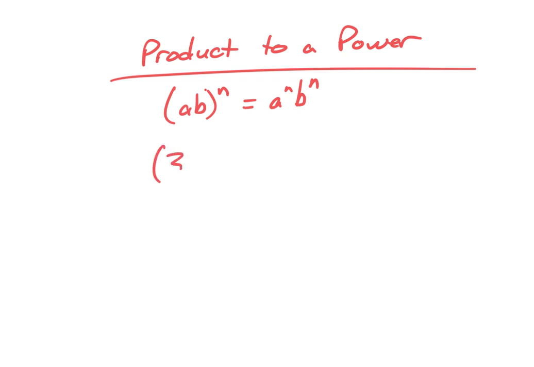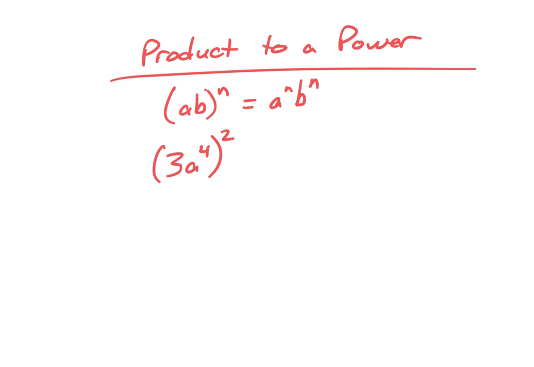A product means I have two things that are multiplied together. It could be two variables, or a number and a variable, and then we're going to raise that whole thing to a power. Both of these things are raised to the second power. These are two individual things.